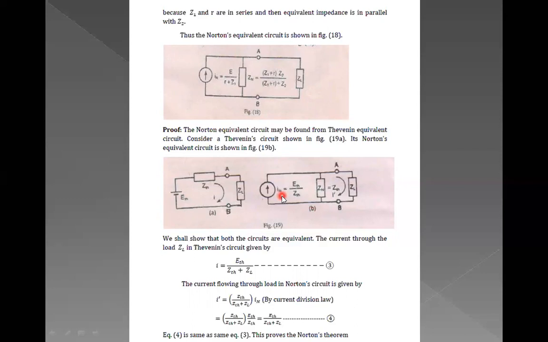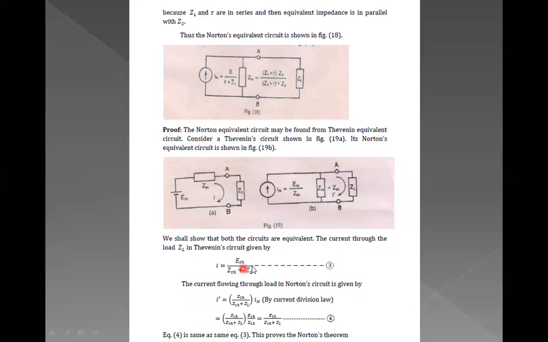Here IN should be equal to ETH by ZTH, and Zn is equal to ZTH. Across the load resistance we have labeled the current I dash. So if we could prove that I is equal to I dash, then Norton's theorem is proved.